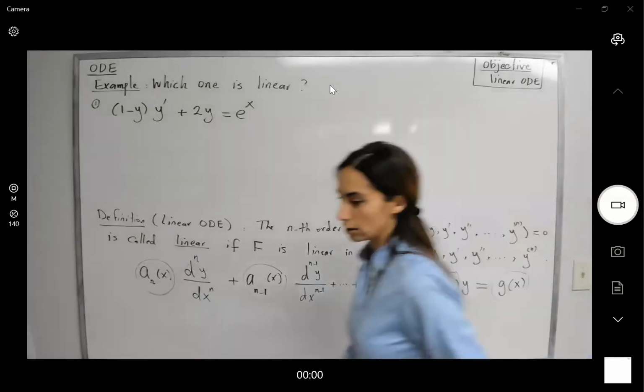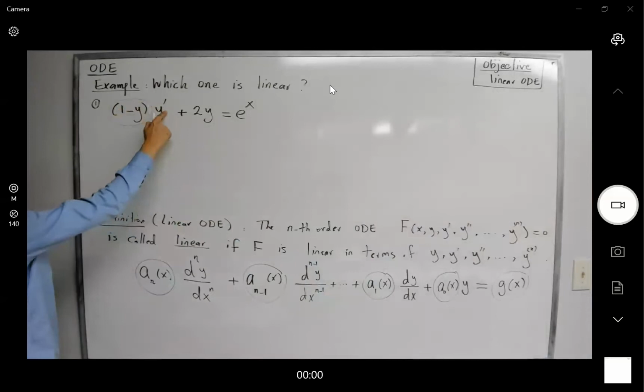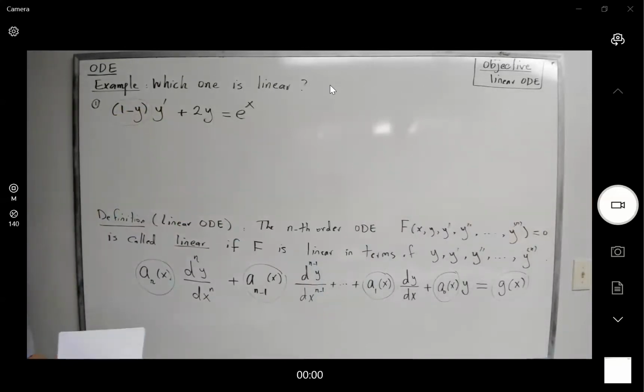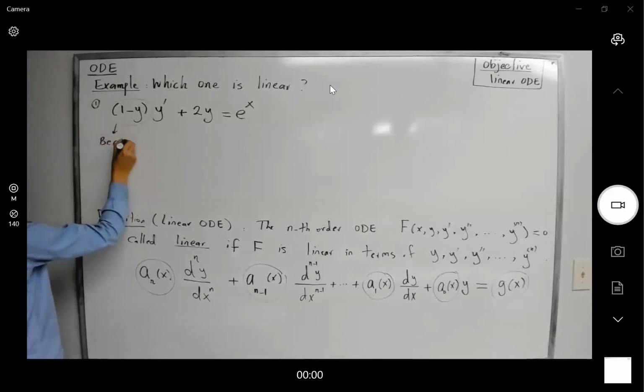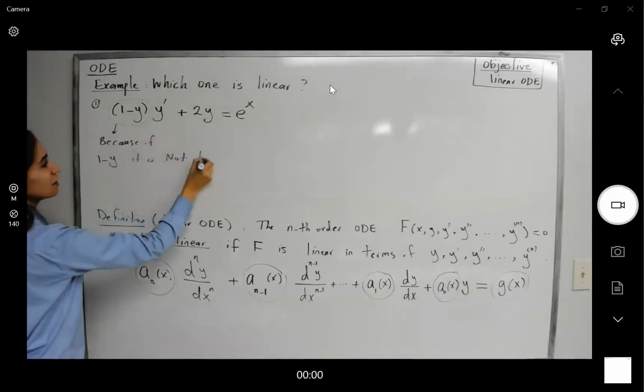But in this example, the expression multiplied by y prime is not in terms of x, it's in terms of y. So this is our red flag. Because of 1 minus y, it is not linear.